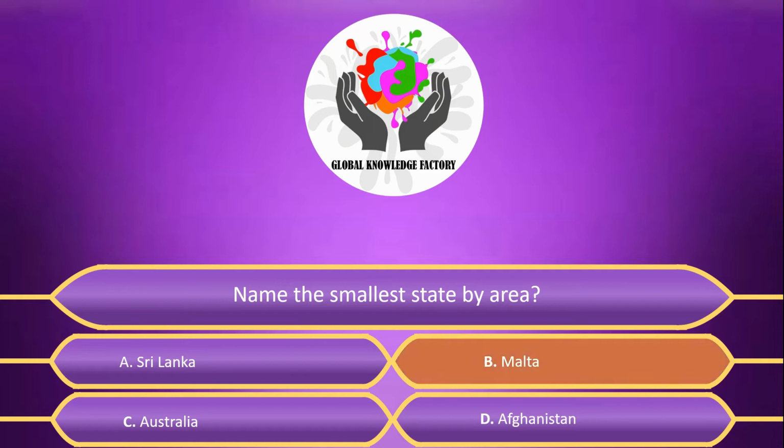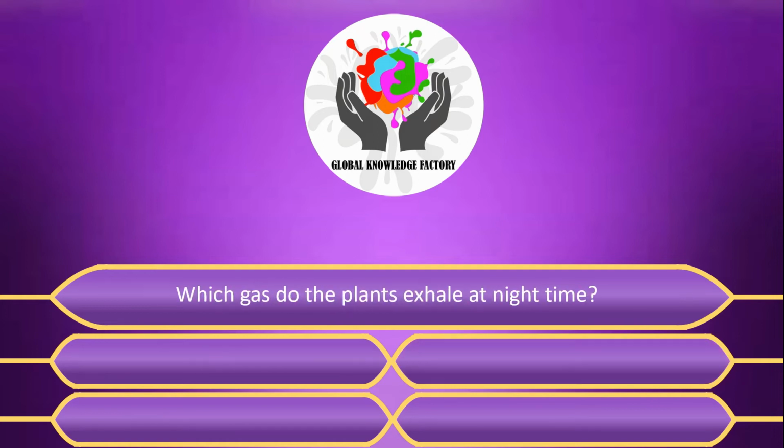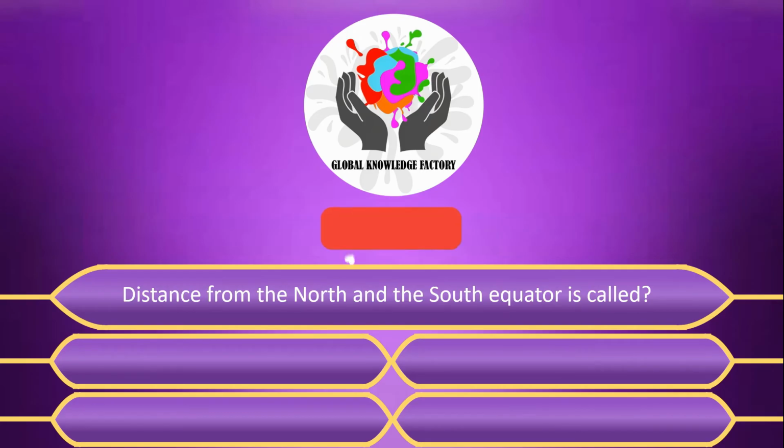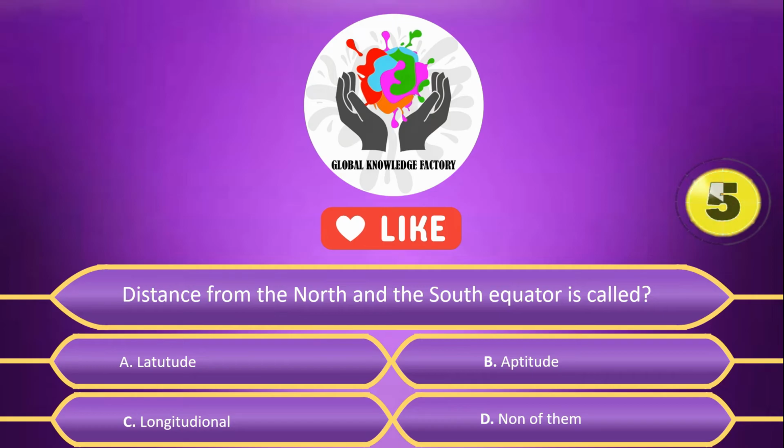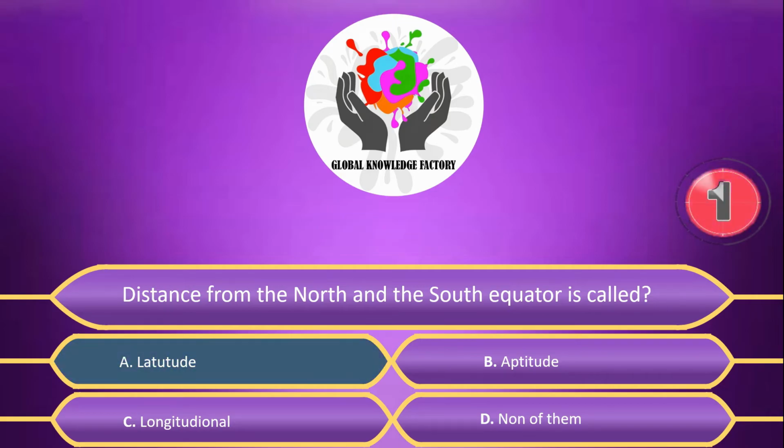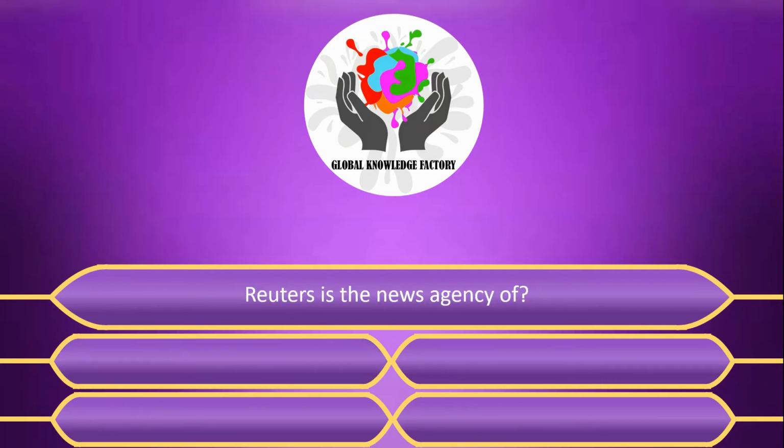Answer is Malta. Which gas do the plants exhale at night time? Answer is CO2. Distance from the north and the south equator is called? Answer is latitude.